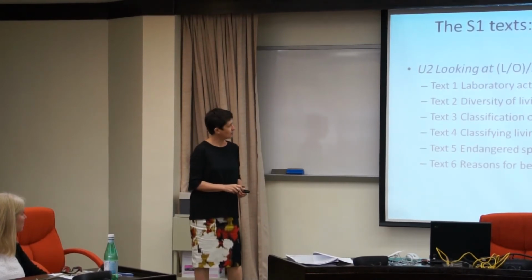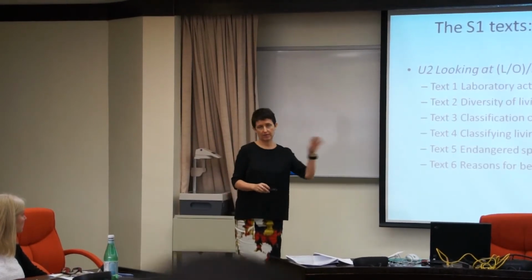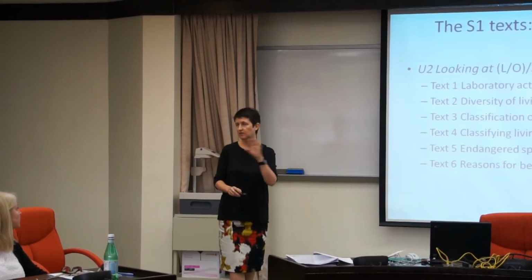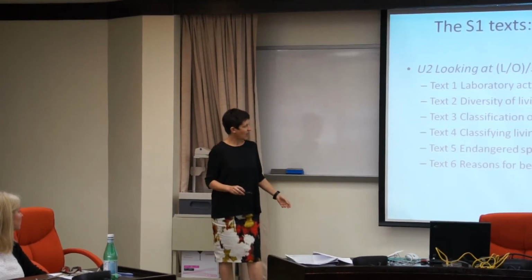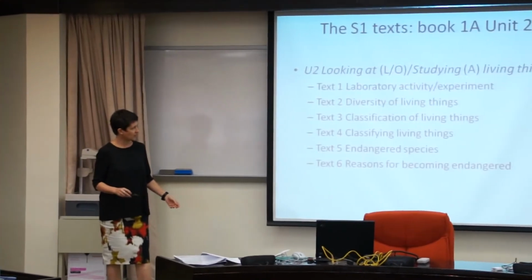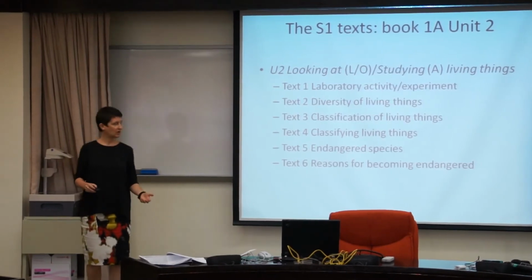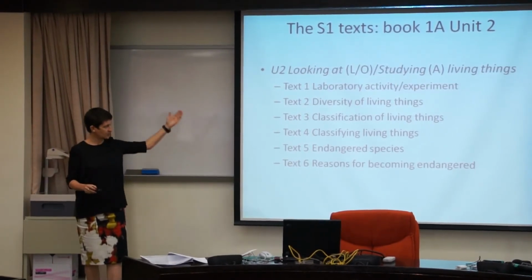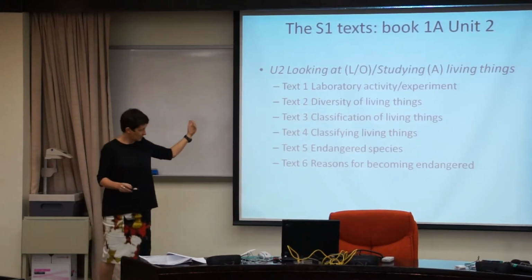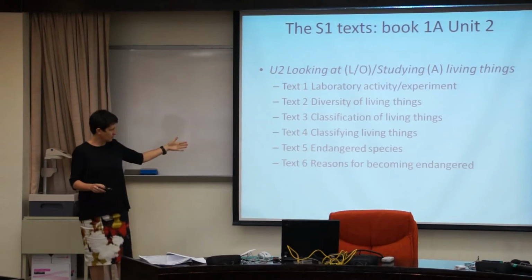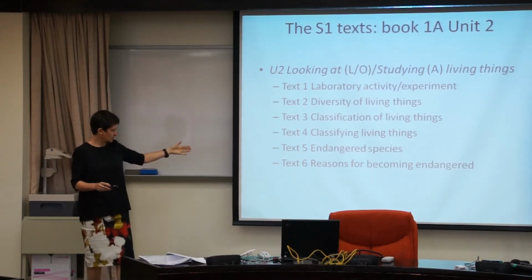I took a very initial unit from each book. I'm going to talk about Secondary 1 and Secondary 2 today, and not Secondary 3. We're still processing that. So I took a unit which was called Studying Living Things or Looking at Living Things, depending on the book. And then these texts of varying genres: procedures, reports, and arguments.